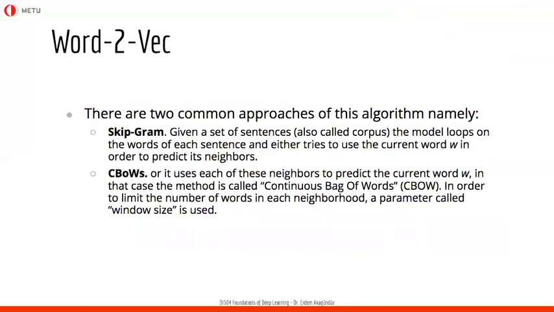Okay, and just to conclude, there are two very well-known methods for word2vec, skip-gram and continuous bag of words, which check the corpus and the words' relation to their neighbors or their frequencies in the sentences and decide on a vector value. They have different strategies, and different strategies work better for different NLP problems.